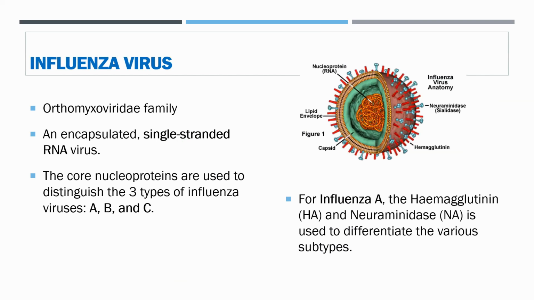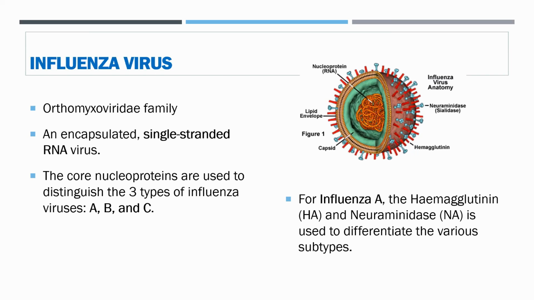We know that any virus which has a single-stranded RNA tends to mutate much more frequently compared to those with DNA. The core nucleoproteins are used to distinguish the three important types of influenza viruses, A, B, and C. And then for influenza A, the hemagglutinin, or HA, and the neuraminidase are used to differentiate the various subtypes.